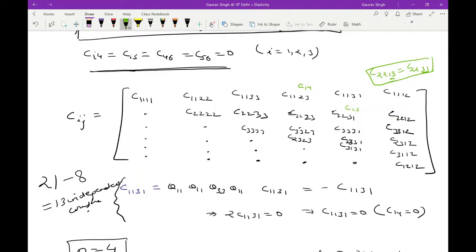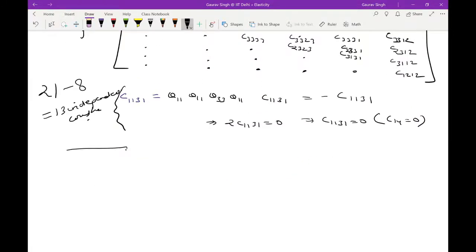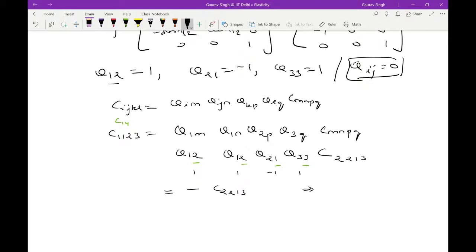That's why I can write C2213 as the same as C2231, and that is C25. So what this relationship gives me is that C14 plus C25 is equal to 0. Okay.